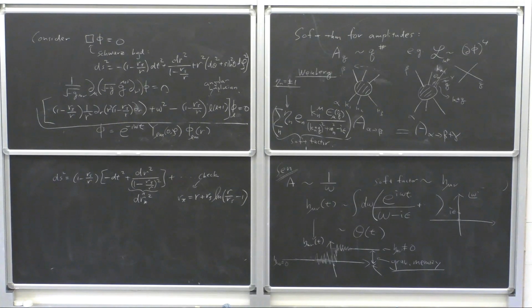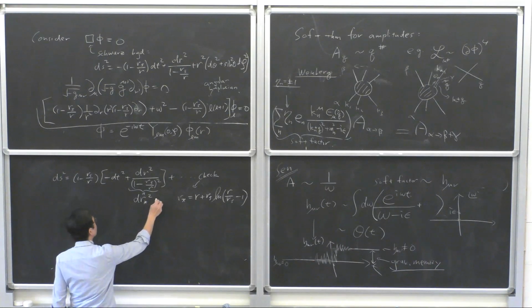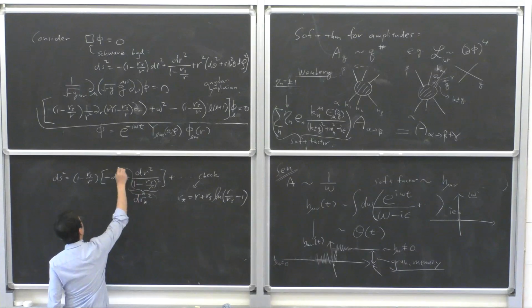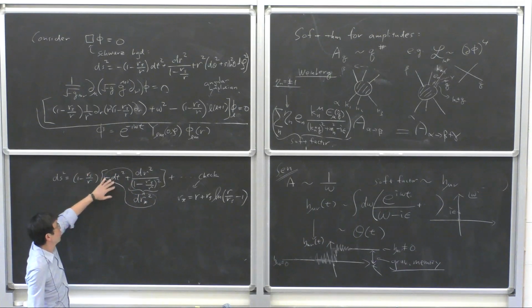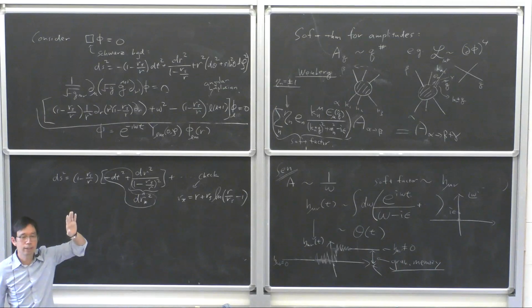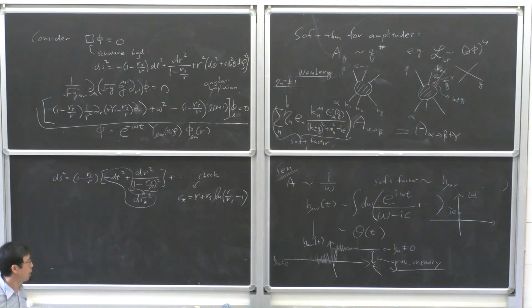Okay? You should check it. And this coordinate becomes useful, again, as I said, because it makes the causal structure kind of simple. Now this part of the metric, other than this conformal factor, looks like flat space: dt and dr star look kind of like flat space.